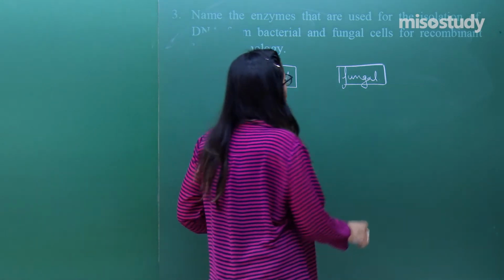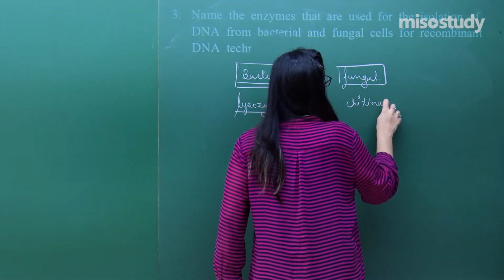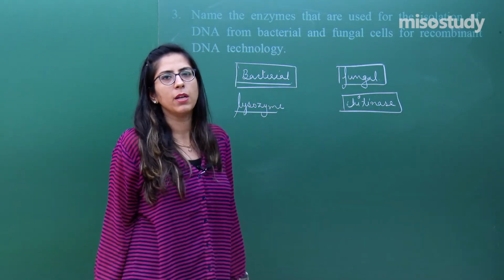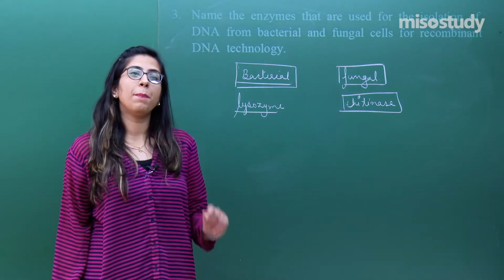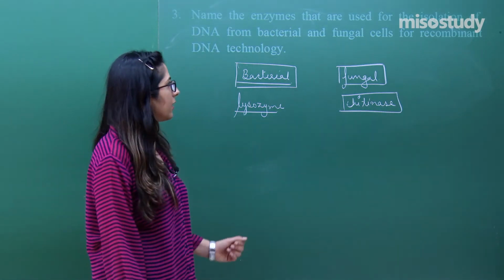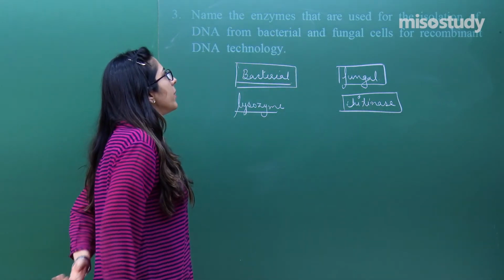Whereas for fungi, chitinase is used so that the outermost coat can be digested, so that the DNA of interest can be easily inserted. That is why it is written here that it is used for recombinant DNA technology.